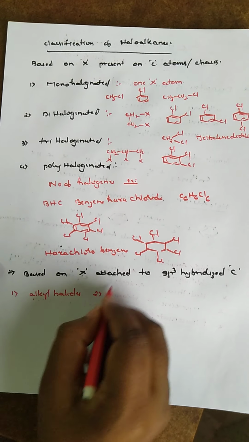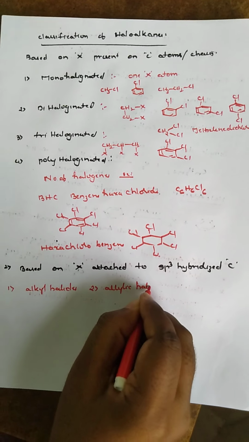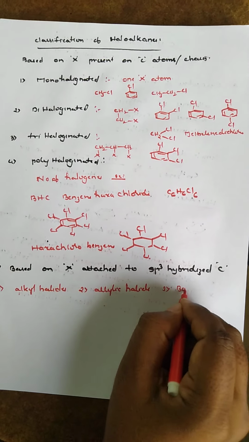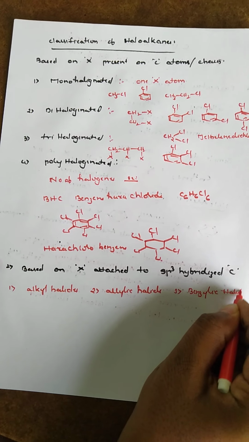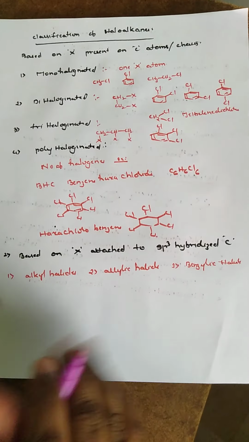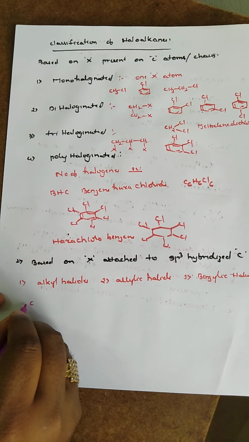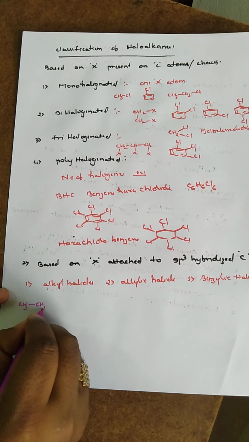Second one we will call allylic halide. And third one we will call benzylic halide. Alkyl halide means the halogen is attached to an sp3 hybridized carbon.